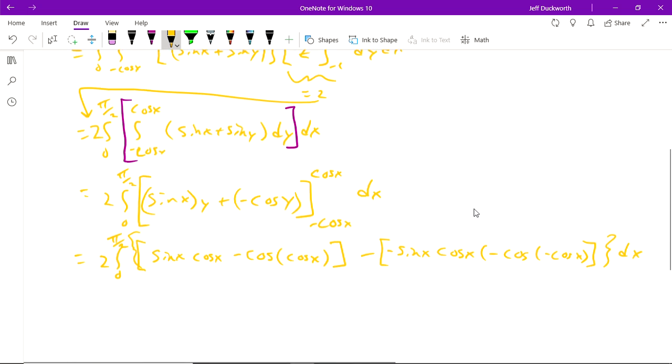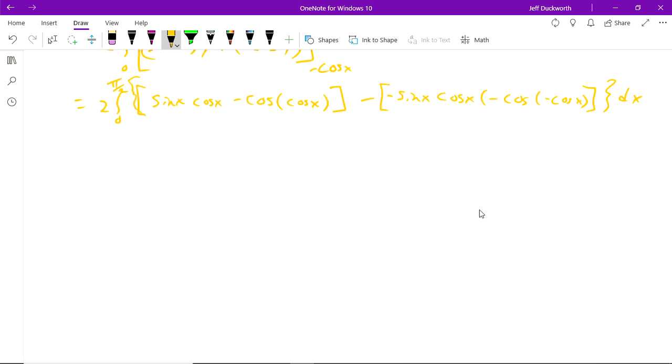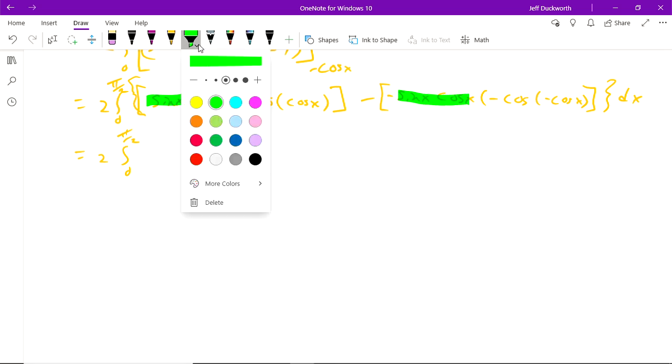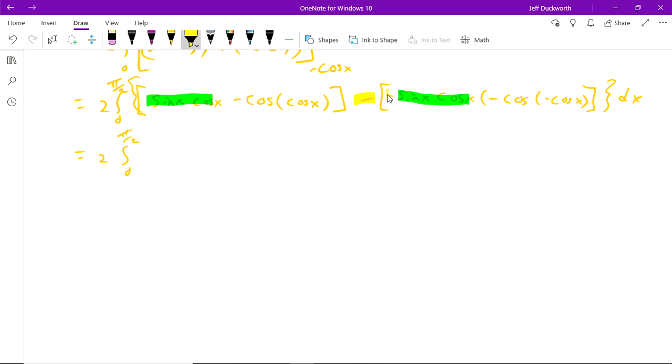We're going to have to because it looks like a hot mess actually. All right, so we've got a sine x cosine x, and a sine x cosine x, and because of the minus, we have a minus minus, which will make it a plus, so that gives us 2 sine x cosine x.